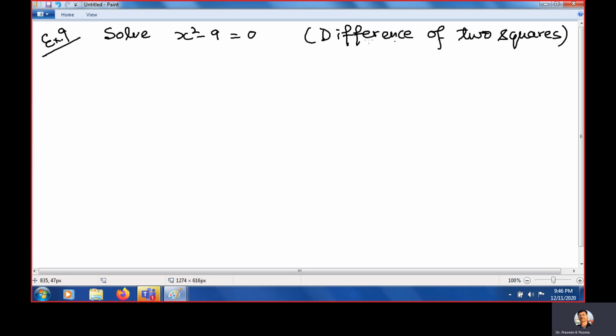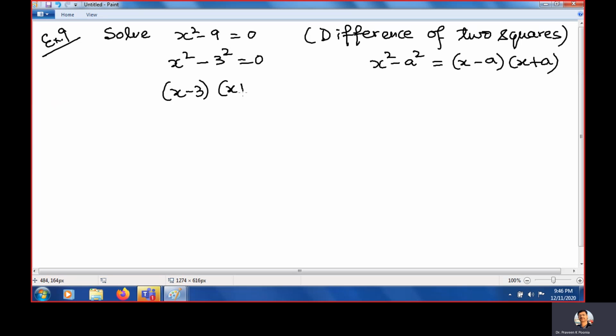It means x square, and 9 can be written as 3 power 2. If you remember, x square minus a square is equal to x minus a and x plus a. So x square minus 3 square can be written as x minus 3 and x plus 3 is equal to 0. These are the two factors. So what is the solution?